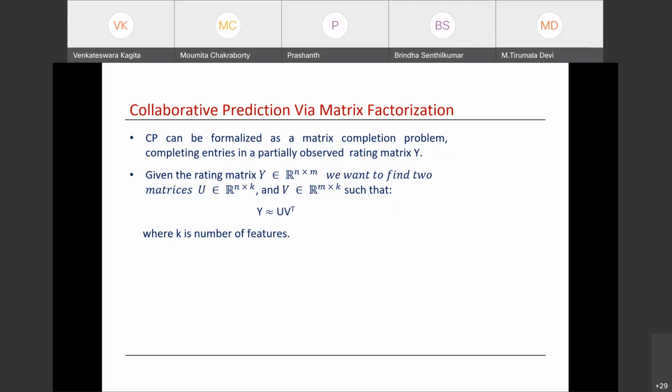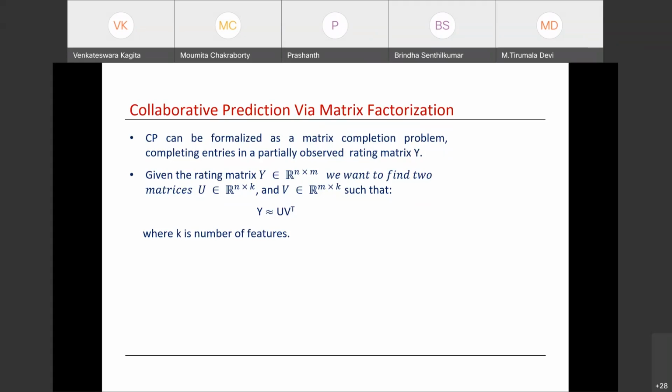So remember this. What it is learning is two matrices U and V such that U multiplied by V transpose is nearly equivalent to Y for all the observed entries. Because it is reducing the difference between the actual and the predicted for all the observed entries, it is also assumed that it is accurately predicting the unobserved entries.